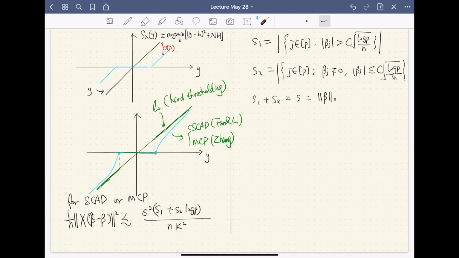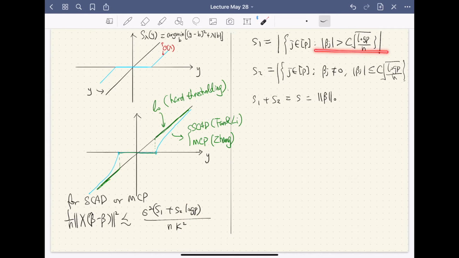Here you observe that you only multiply S2 by a logarithmic factor of the ambient dimension, because S2 covers those small coefficients of order root (log p over n). This is where it is really hard to distinguish between 0 and non-zero, therefore you have to pay a logarithmic cost in order to achieve the optimal rate.